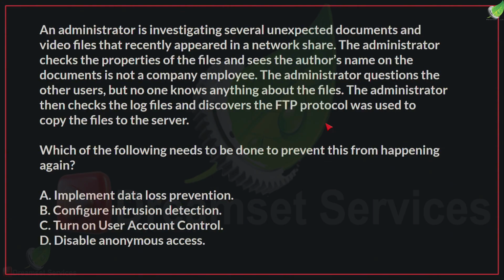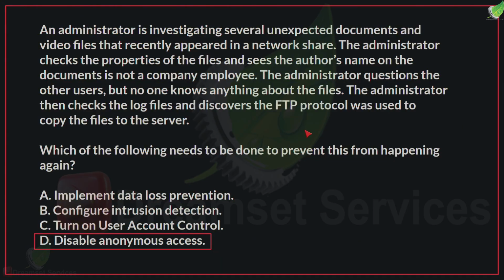The administrator questions the other users, but no one knows anything about the files. The administrator then checks the log files and discovers the FTP protocol was used to copy the file to the server. Which of the following needs to be done to prevent this from happening again? The correct answer is D.